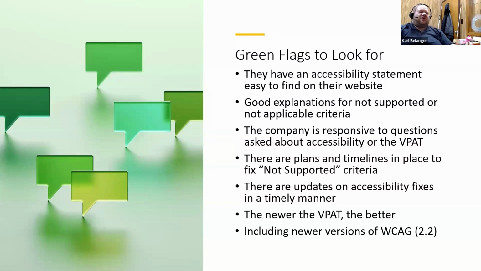Do they have plans and timelines in place to fix criteria that aren't supported or partially supported? And do they fix accessibility issues in a timely manner? Finally, the newer the VPAT, the better, as I discussed on the last slide. Things change, keeping the VPAT updated is promising, and also using newer versions of WCAG, such as 2.2.